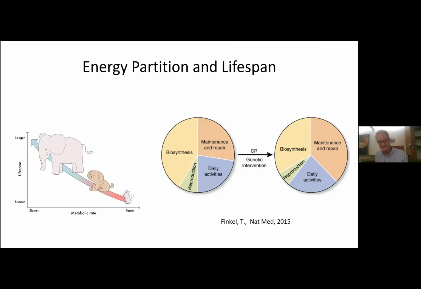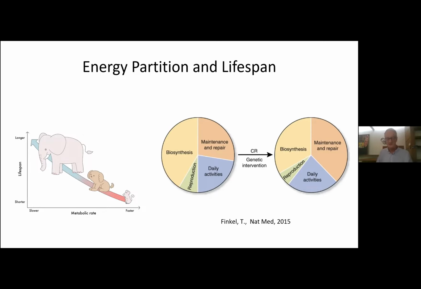Not every organism, including humans, falls on this curve directly, suggesting that it's not a perfect explanation. And as I mentioned before, interventions like caloric restriction, which extend lifespan, don't appear to affect metabolic rate. So it really doesn't suggest that metabolic rate per se is what's driving lifespan, but something linked to metabolic rate appears to be important for how long we live.